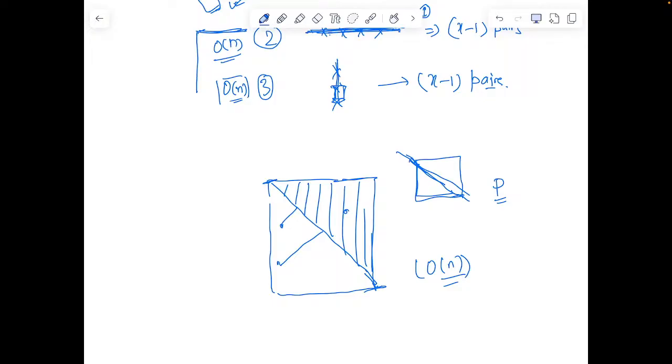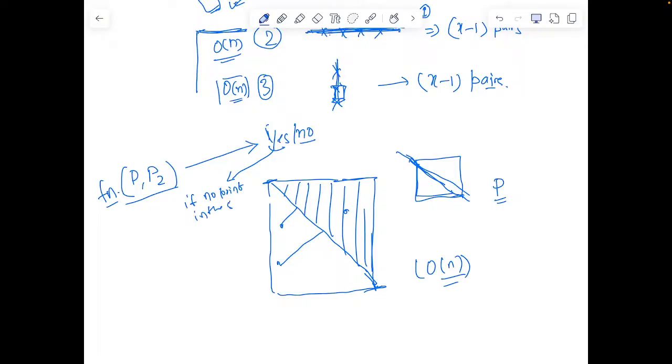If I frame it like this, we have been given P1, P2, and those are passed in a function, and it tells yes or no. Yes, if there is no point in the shaded region, and no if there is any one point here.